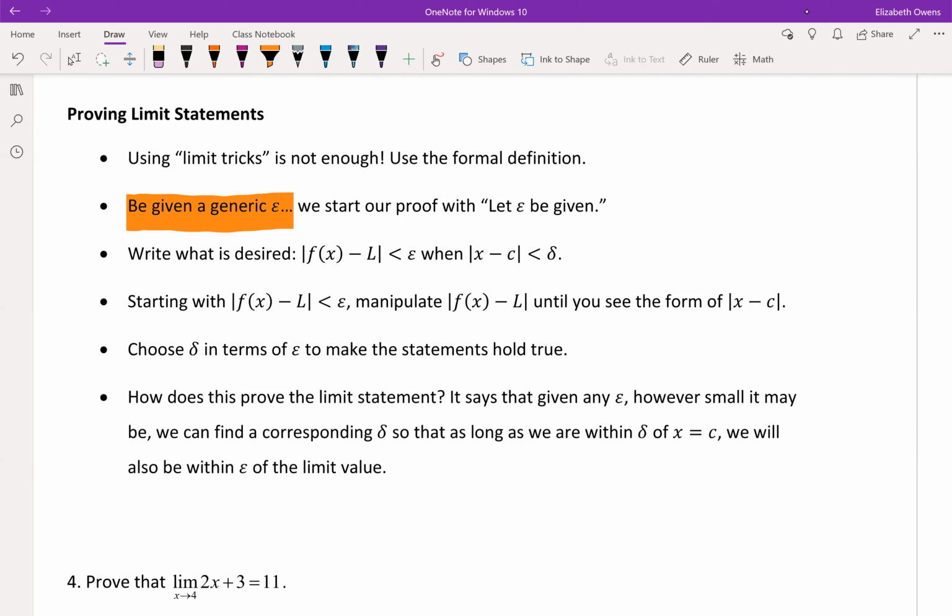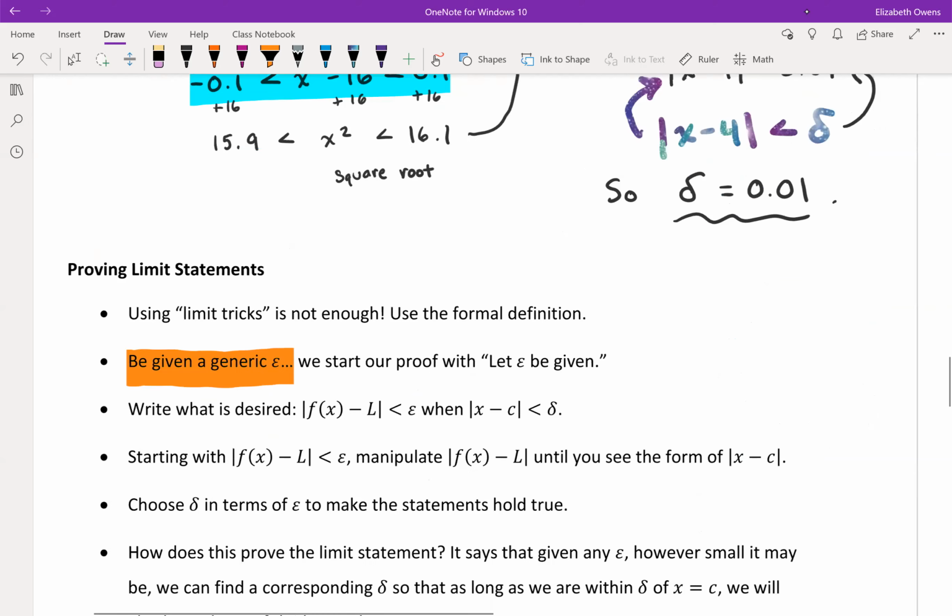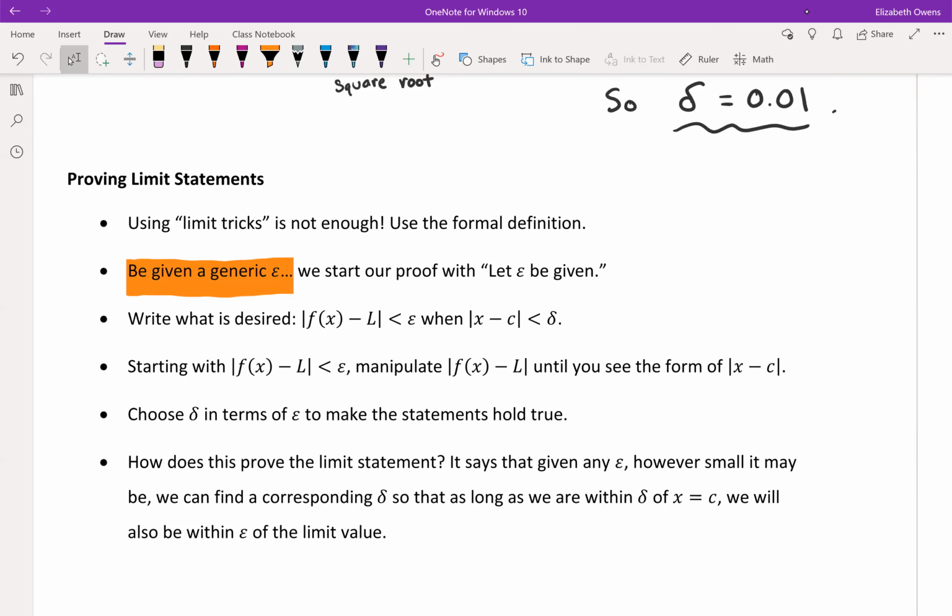In the previous couple of examples, we've known a specific epsilon. Now in these proofs, we're saying, okay, epsilon doesn't necessarily have to be just one particular value. You could give us any epsilon you want, some generic epsilon value, and we're going to be able to find a delta to go with that generic epsilon. Okay, so that's why we're going to start our proofs with let epsilon be given. It says, okay, give us this generic epsilon. We're going to prove this thing.